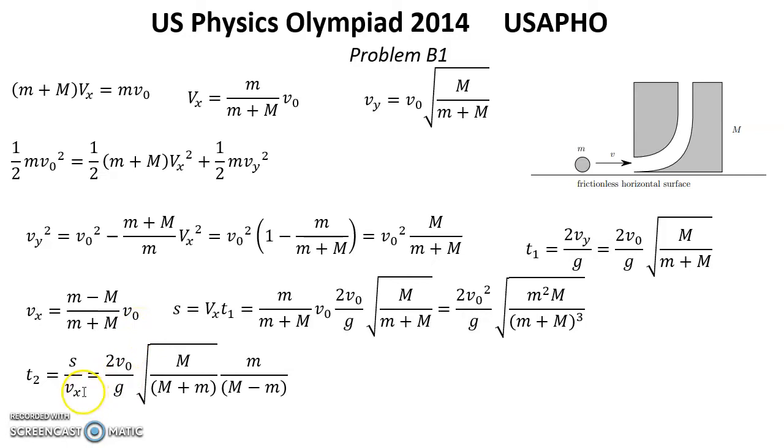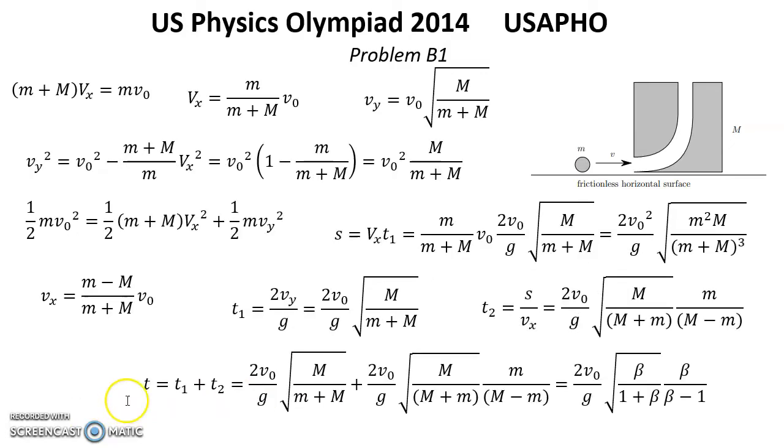And we have to take a positive value. That will be this expression, and the total time will be t equal t1 plus t2, which is this one plus this one. And finally, when we use beta, which is equal big M over small m greater than 1, we have this formula for total time. That's the answer for question A.